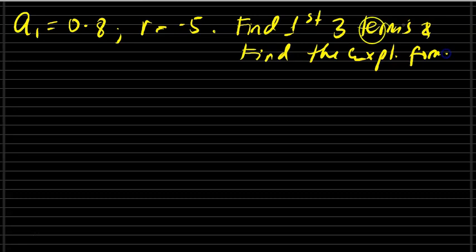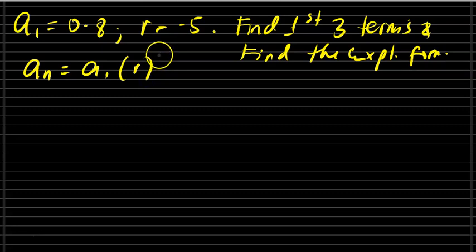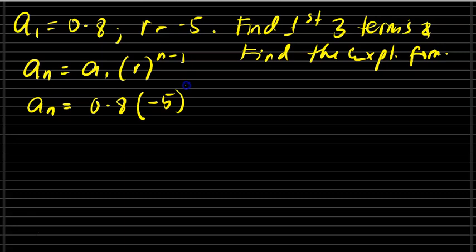Okay, so these are the 2 requirements. Maybe finding the explicit formula is easier this time, because a sub n is equal to a sub 1 multiplied by the ratio raised to n minus 1. We know the a sub 1 and the ratio, so we can actually get the explicit formula immediately. This is 0.8 times negative 5 raised to n minus 1. So we've done already the second part.